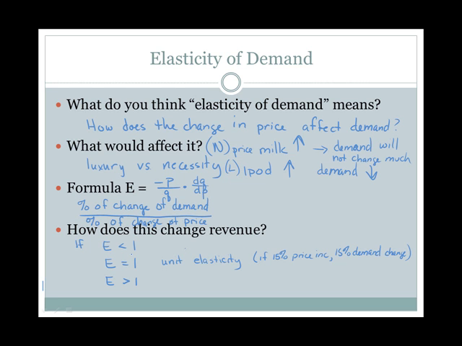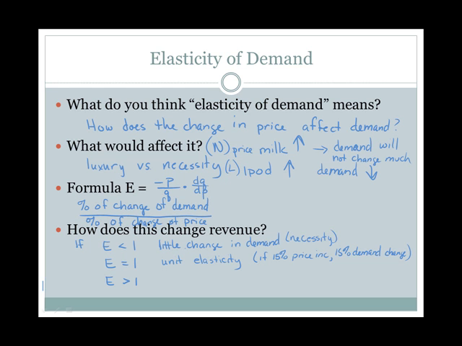If you have an elasticity of less than 1, that means there's going to be little change in demand based on the change in the price. So when the price goes up, the demand is going to drop very little. These are your necessities.